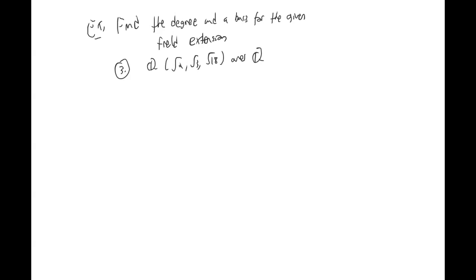So let me ask you, if I have Q adjoin root 2, root 3, and I have root 2, do I have 3 root 2? Yes or no? If I already have the element root 2, I'm closed under addition, right? Root 2 plus root 2 plus root 2, because it's a field. So you see that these are just equal.